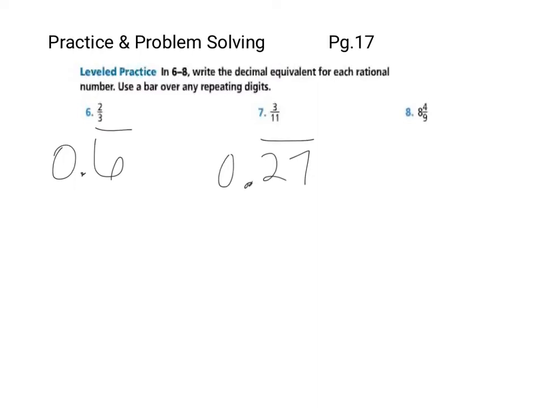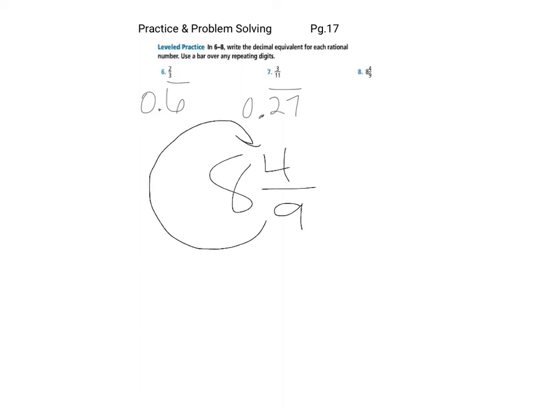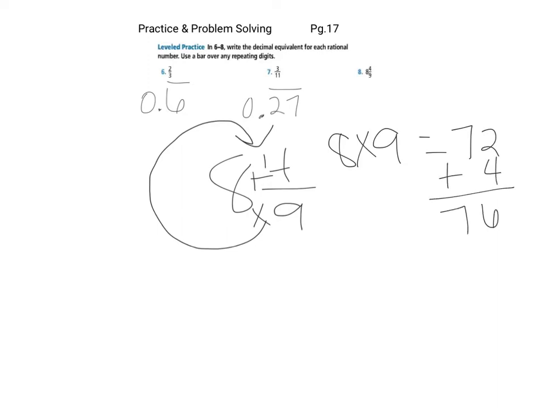So, if we have 8 and 4/9, our backwards C says that we multiply 9 and 8 and then add 4. And make sure that you know that's plus, okay? So 8 times 9 is 72 plus 4 is 76.